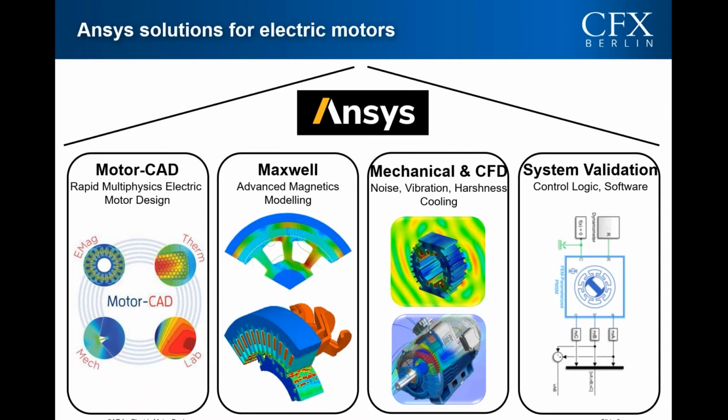The tools cover rapid design approaches like MotorCAD, to detailed analyses of magnetic, mechanical, and flow phenomena. In addition, the results of these analyses can be used in a system simulation to calculate the motor's behavior and interaction with other components like controls or power electronics.